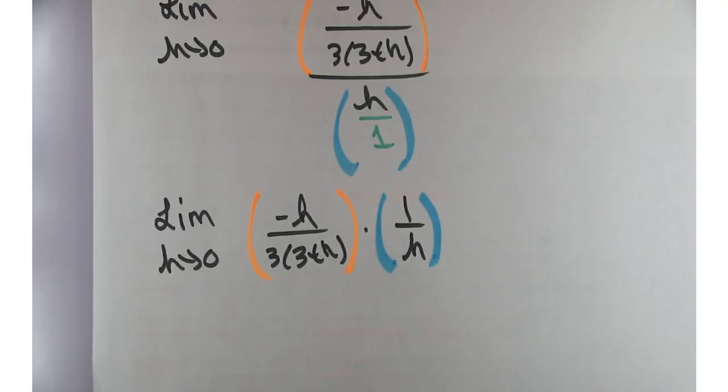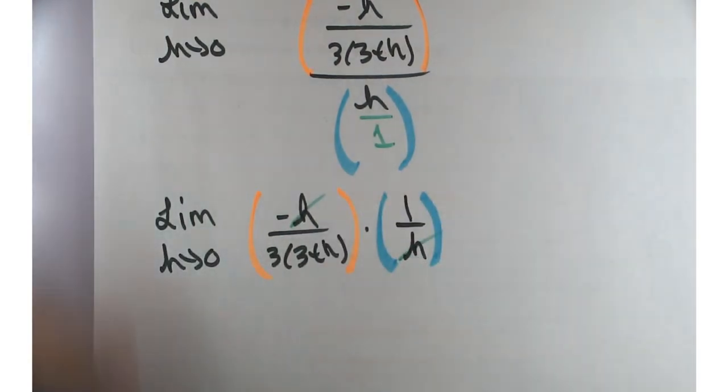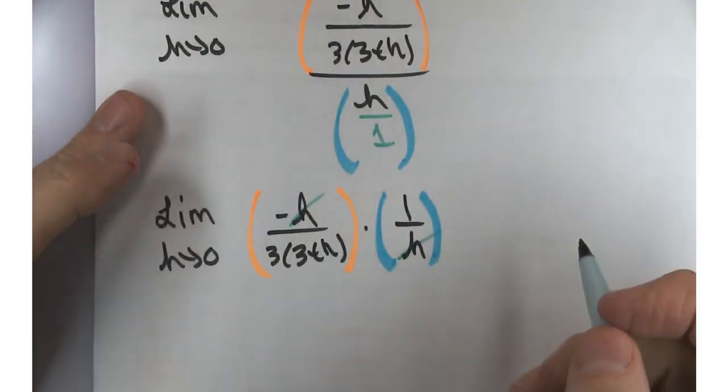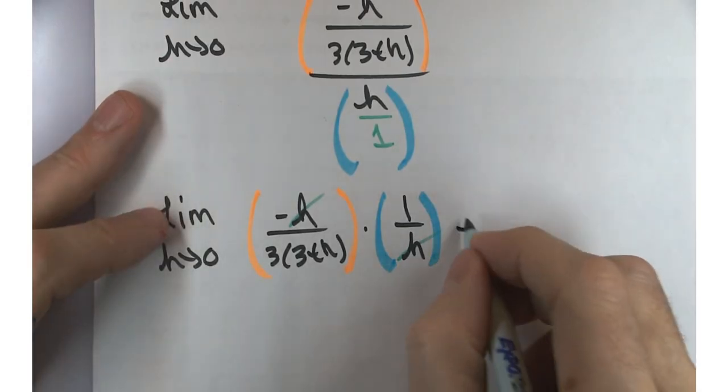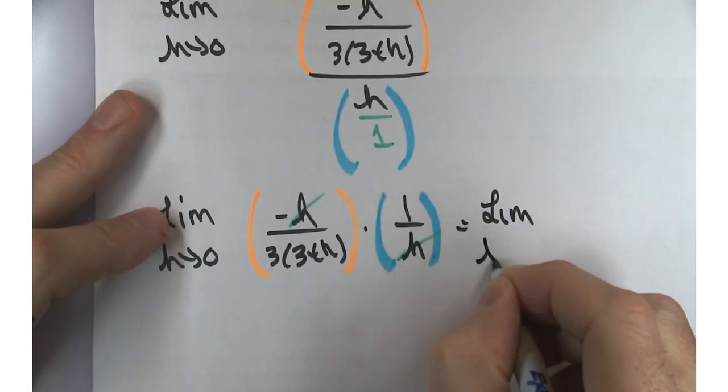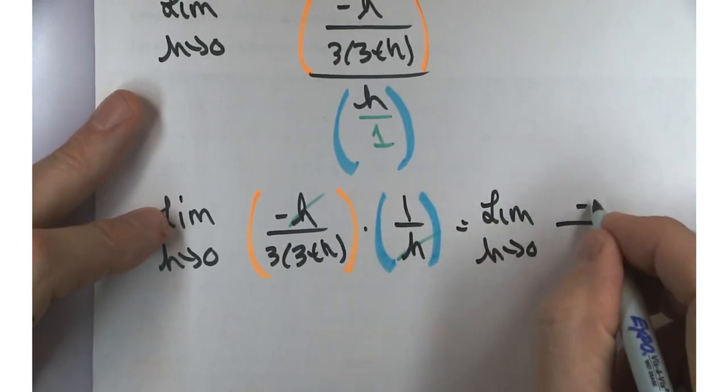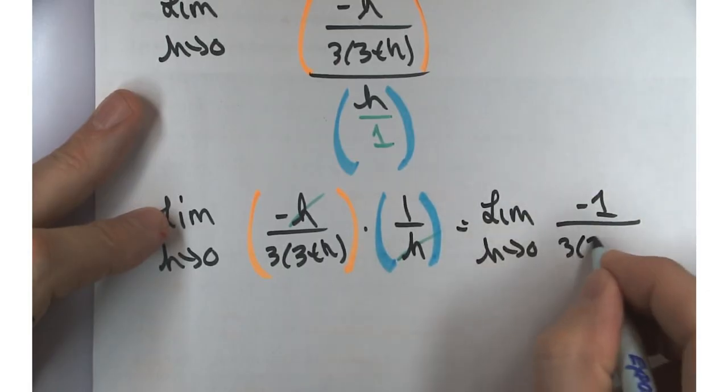What are we going to finish up with here? Cancel out the h's. Hasta la vista. What about that negative? The negative doesn't cancel out, does it? But if you remember, our limit had a negative, didn't it? So it's going to be the limit as h approaches 0 of negative 1 over 3 times (3 plus h).